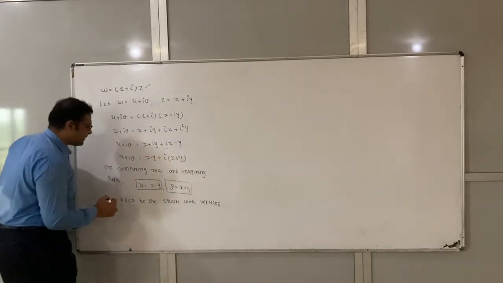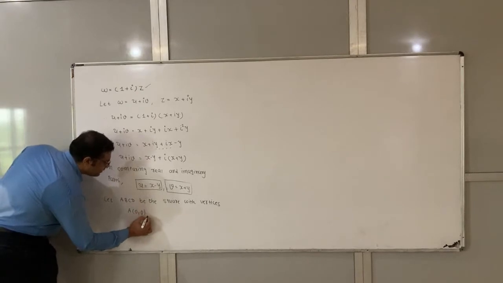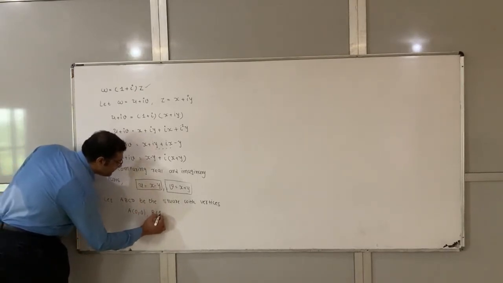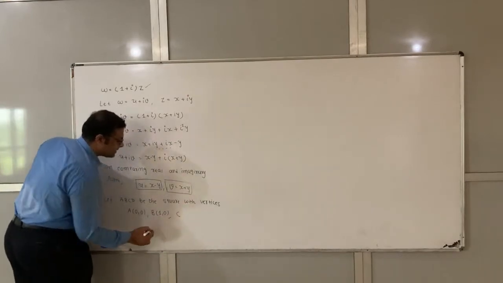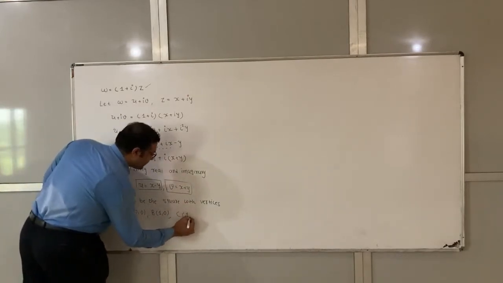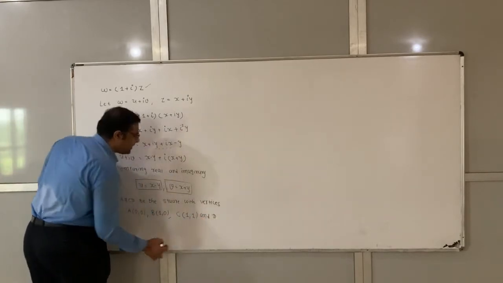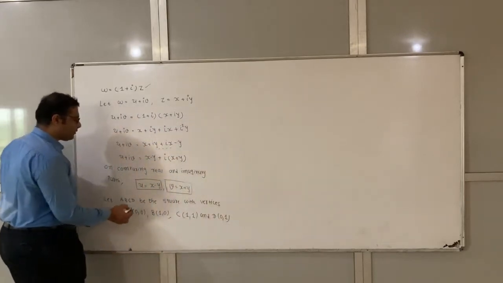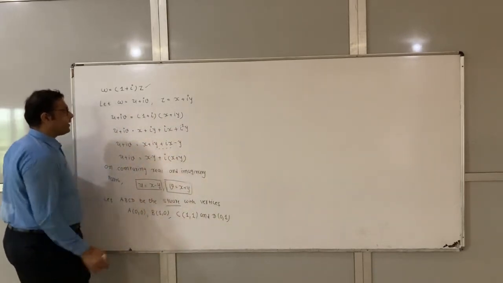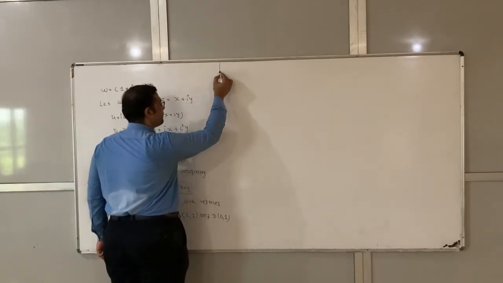The first vertex is A (0, 0), the second is B (1, 0), the third vertex is C (1, 1) and the fourth vertex is D (0, 1). So now we have to find the image of this square under the given mapping. So let us take each point one by one.